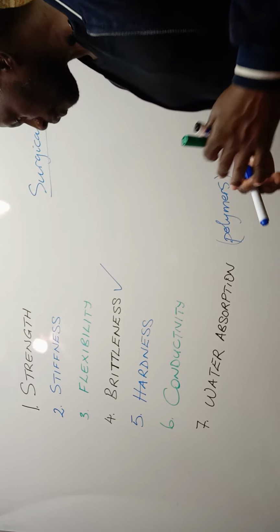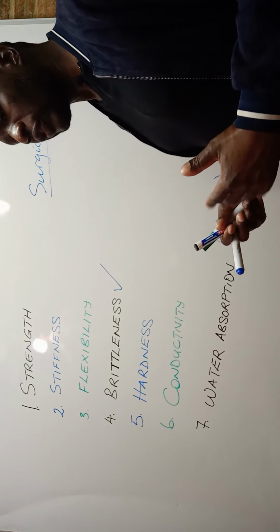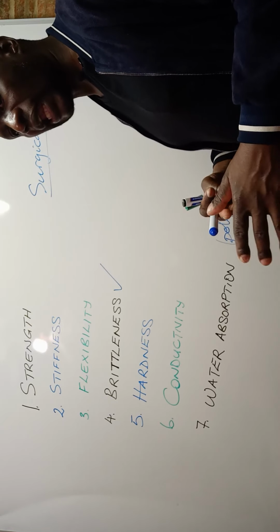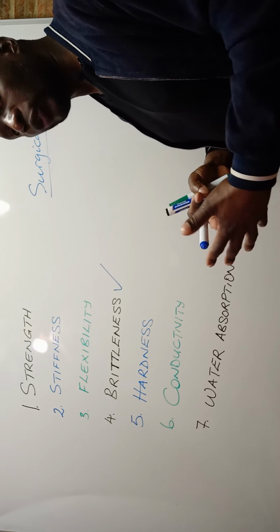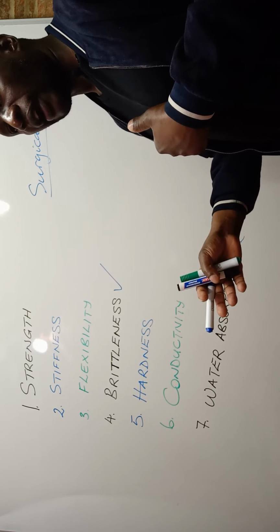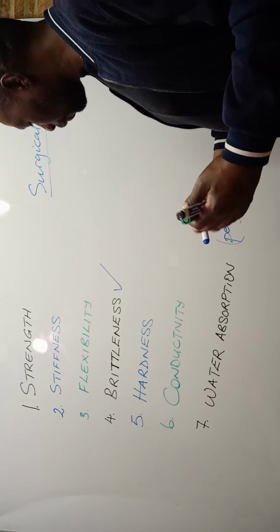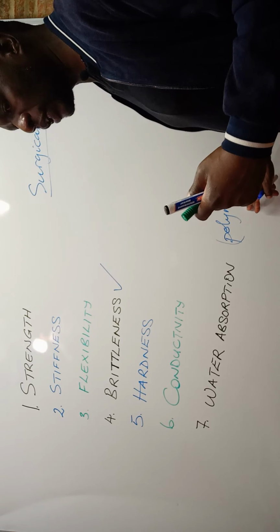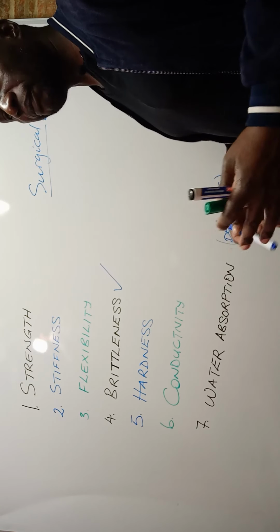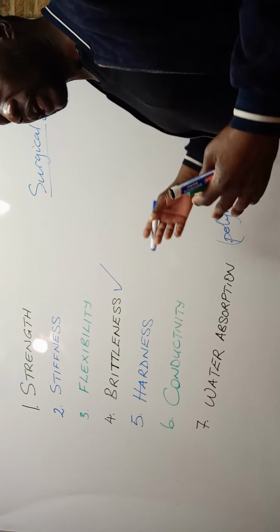So when we are making surgical gloves, we don't need material that allows fluids or liquids to pass through. So we will obviously think about using polymers, or in simpler terms, plastics, to make our surgical gloves.